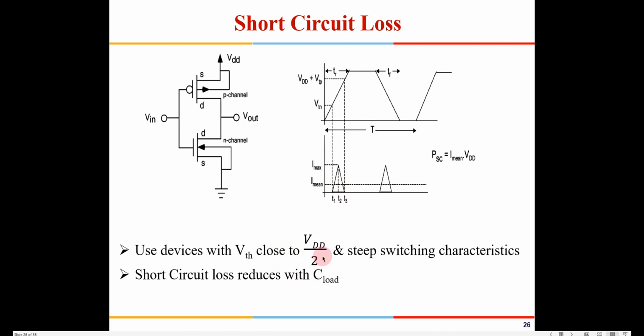But if you are using that, then the propagation delay will be high. Still, suppose there are two paths in the circuit, and both end up in a single gate. In one path you have 10 gates, and in the second path you just have 3 gates.